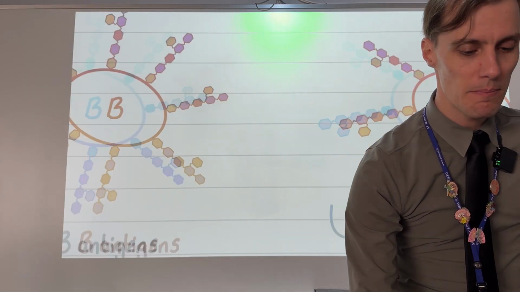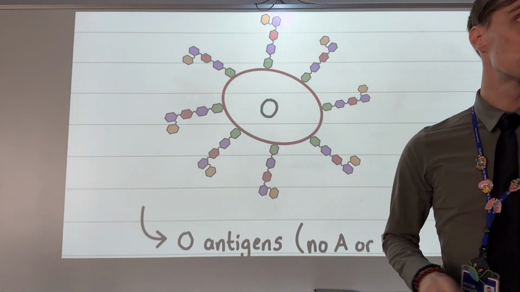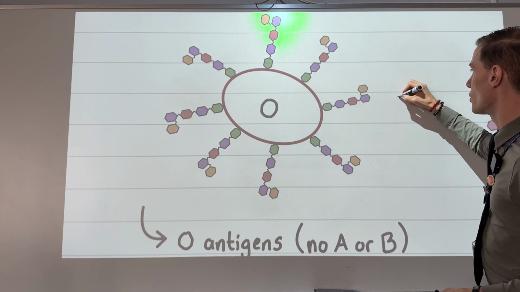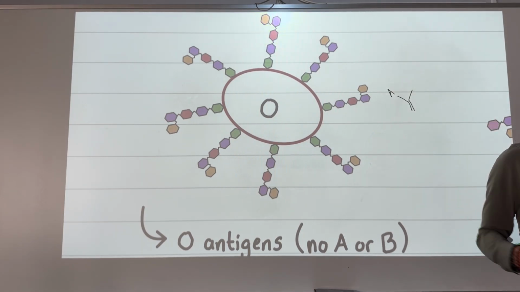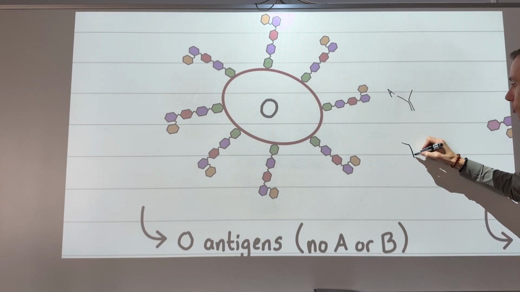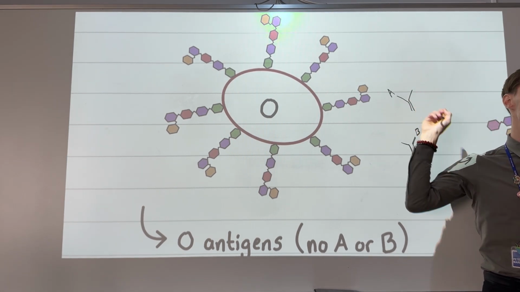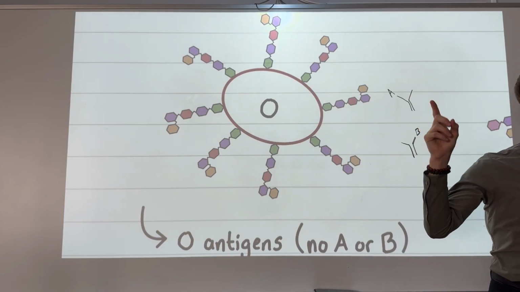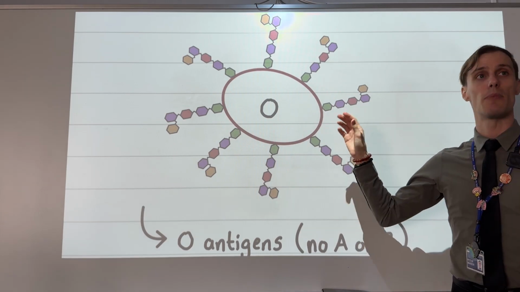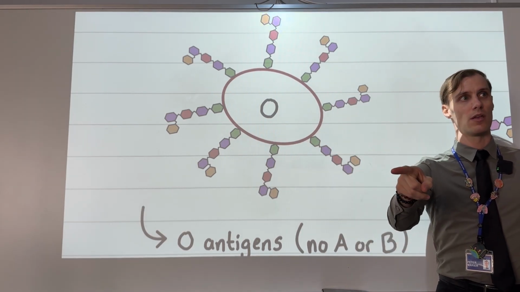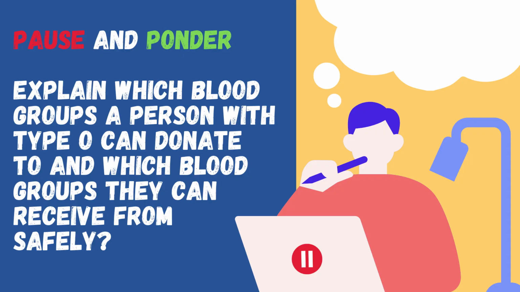Now, if I am blood type O, then the kind of antibodies that I'm going to produce would be, I want to look for any A glycoproteins, and I want to look for any B glycoproteins, because both of these would be considered foreign. So the question is, what blood groups can someone with type O donate to, and which blood groups can someone with type O receive from?